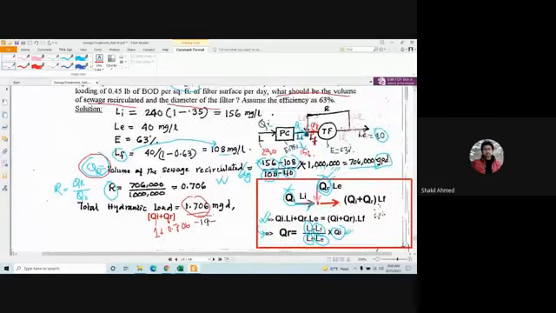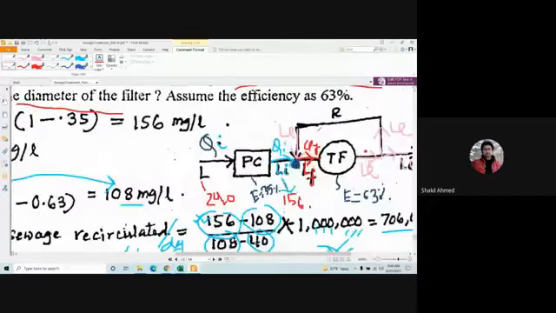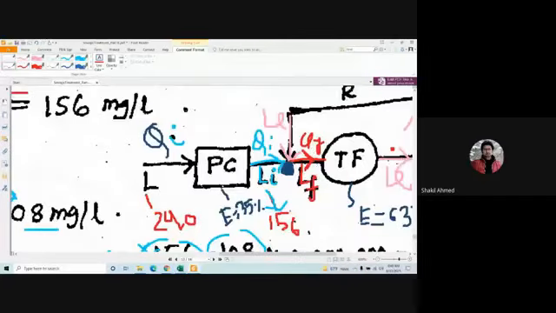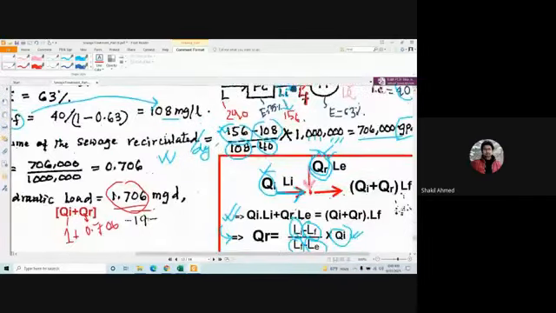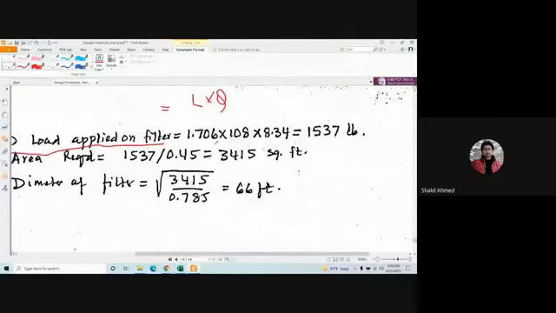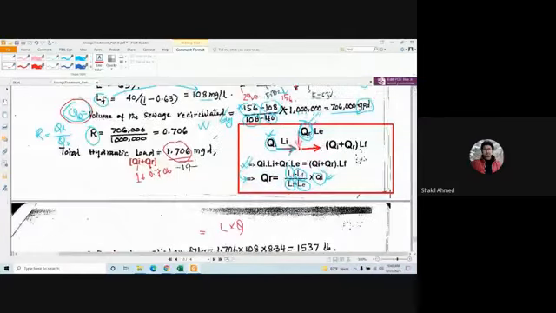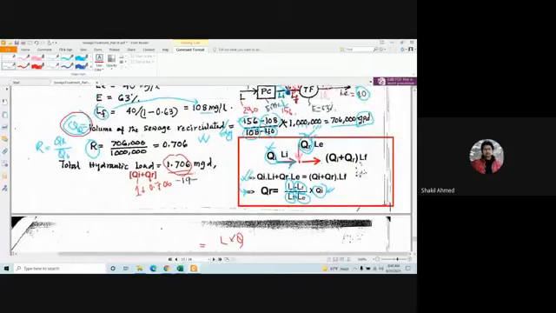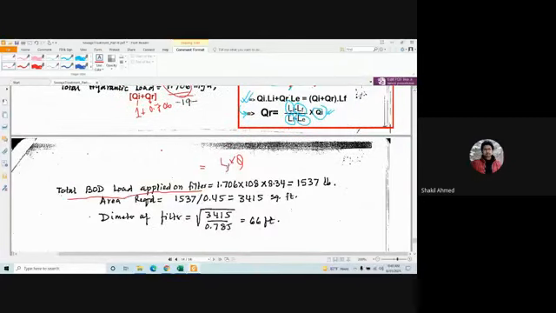What is the BOD load applied on the filter? This is the red color, red one, right? So LF into QY. What is your LF, guys? LF equals 108. LF into QY.